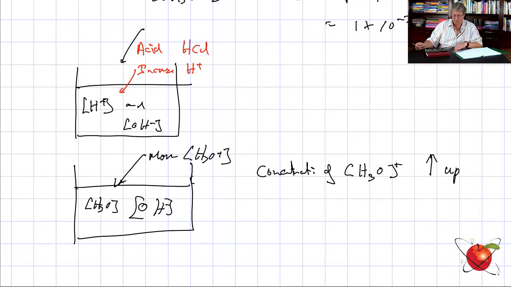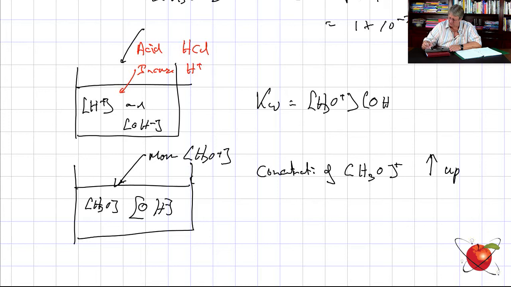We've added more. The equilibrium reaction says Kw is equal to the concentration of H3O times the concentration of OH minus, which must always be 1 times 10 to the minus 14.